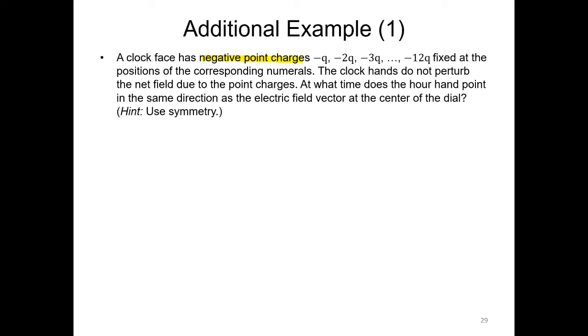The clock hands do not perturb the net field due to the point charges. At one time, does the hour hand point in the same direction as the electric field vector at the center of the dial? Assume symmetry.